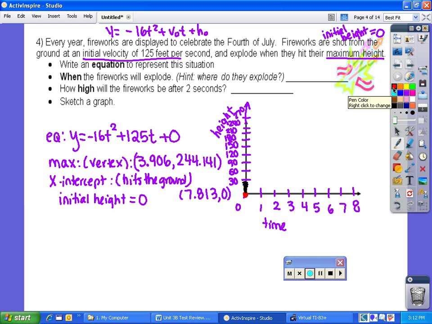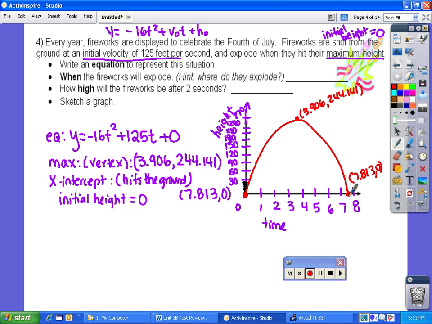Our max goes to 3.906, really close to 4, and all the way up to 244, which is right by 240. And then our hits the ground is at 7.8, which is right before 8. And now you just connect your 3 dots.